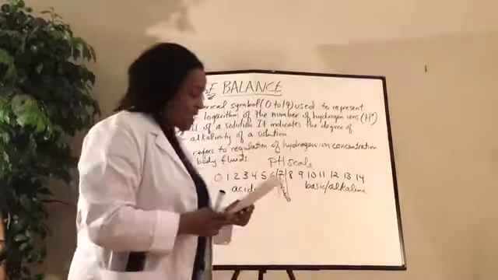Whatever the cause of these four issues are, we'll write that down. And then the compensatory response. Like I said, if the lungs are not performing optimally, then the kidneys will say, hey, I gotta take over and get this body into acid-base balance, because that's what it's always about, balance.